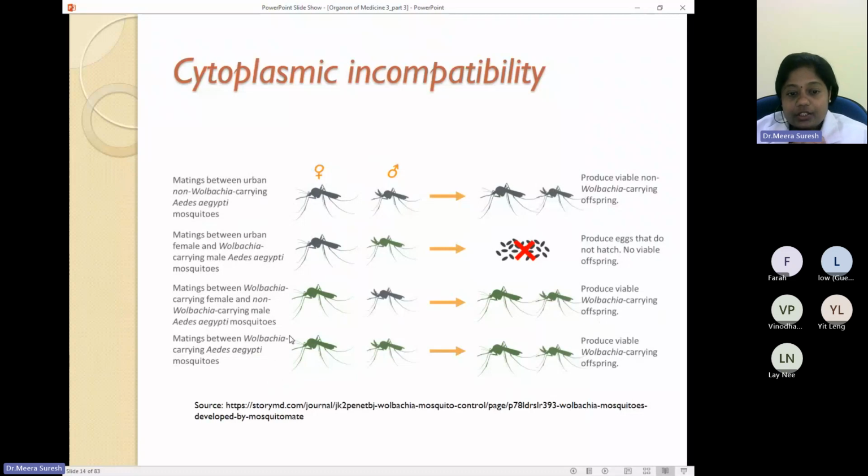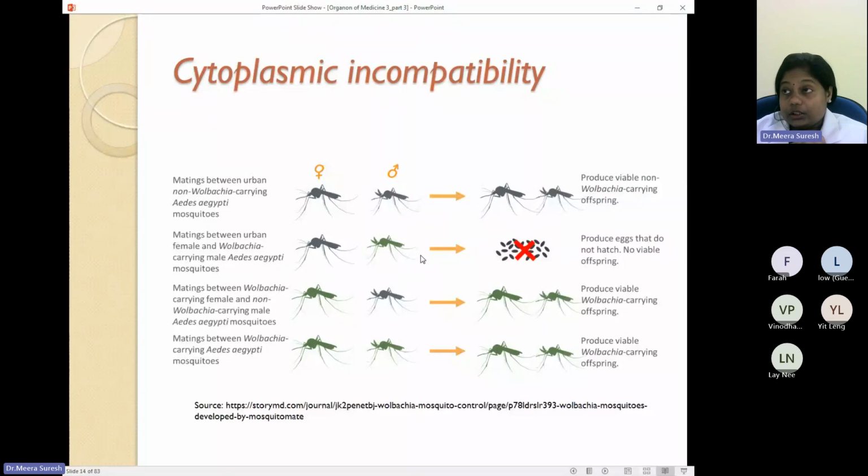Another combination is between two infected mosquitoes, both male and female, which also produce viable Wolbachia offspring. So all three methods are ideal for controlling the mosquito population.